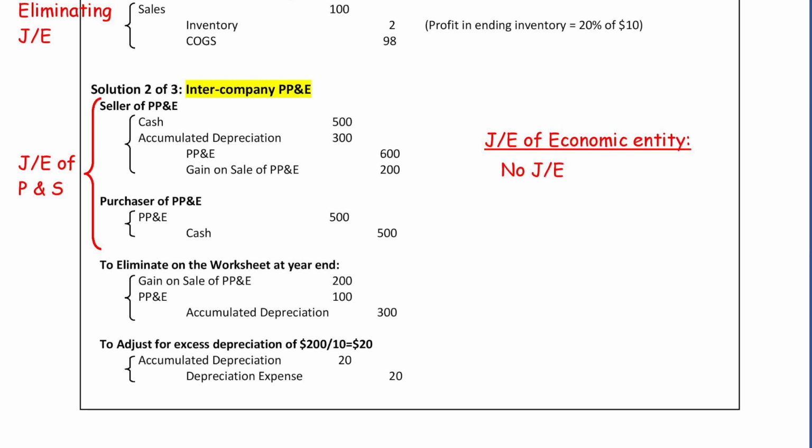So now we are looking at eliminating journal entry. So the first entry, the gain on the sale of PP&E, that's debited. You push up the PP&E account, debit it further and credit the accumulated depreciation account. You also need to make adjustments for any excess or lower depreciation due to the transaction.